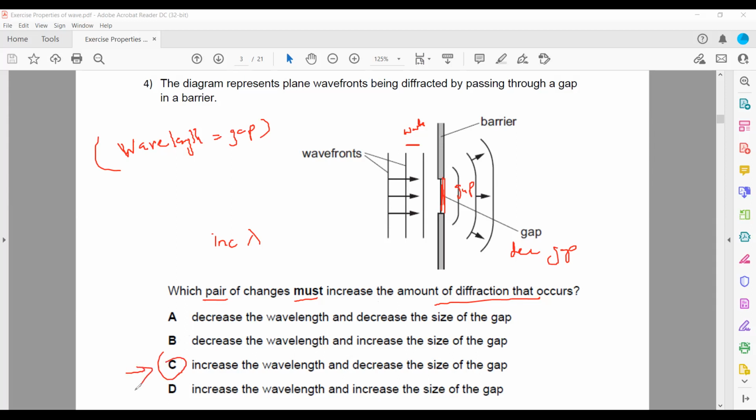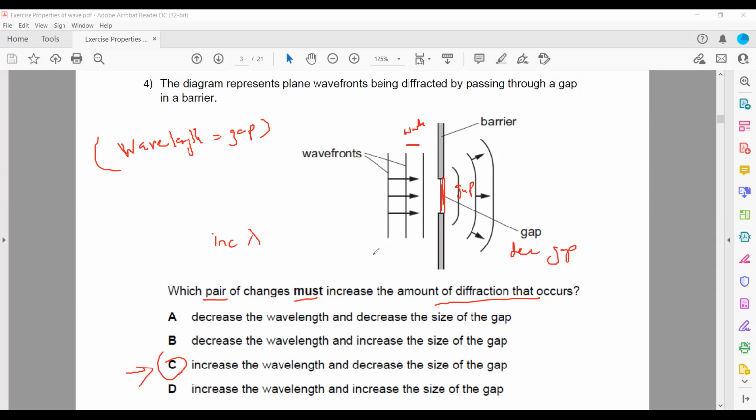So C will be the right answer. Because the question is which pair, we have to select a pair. The wavelength is smaller so we should increase it, and the gap is larger so we should decrease it. That's why C is the right answer.